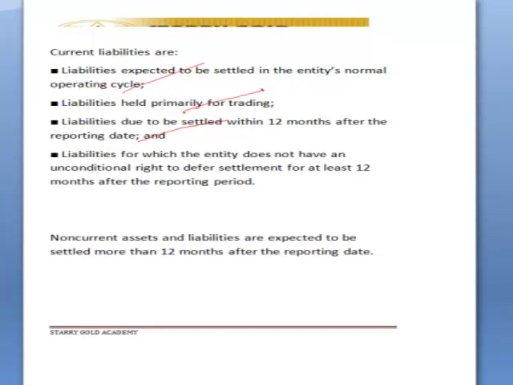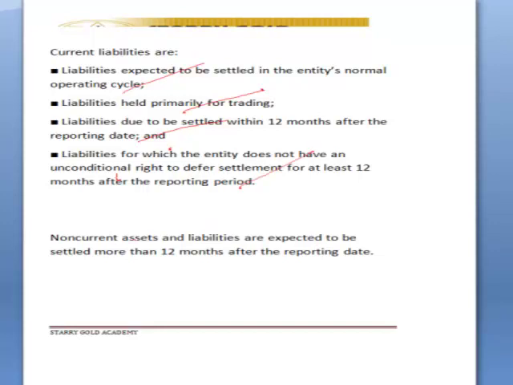Accruals, for instance accrued rents, are current liabilities. Your creditors, which you call the payables, are current liabilities. Liabilities for which the entity does not have an unconditional right to defer settlement for at least 12 months after the reporting period also constitute a current liability.